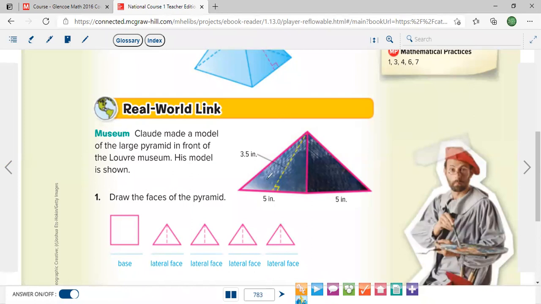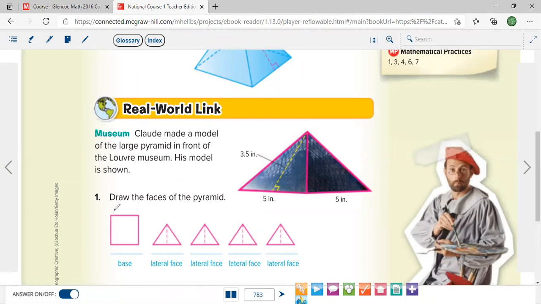So this is the base of the pyramid, shaped like a square, with side length 5, means 5, 5, 5, 5, as you can see. And here are the faces, the four faces, the four triangles. Each face is shaped like a triangle with base length 5 and height 3.5.